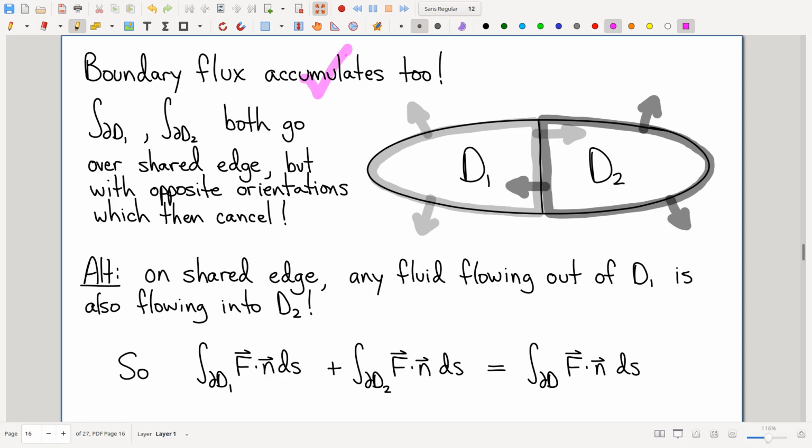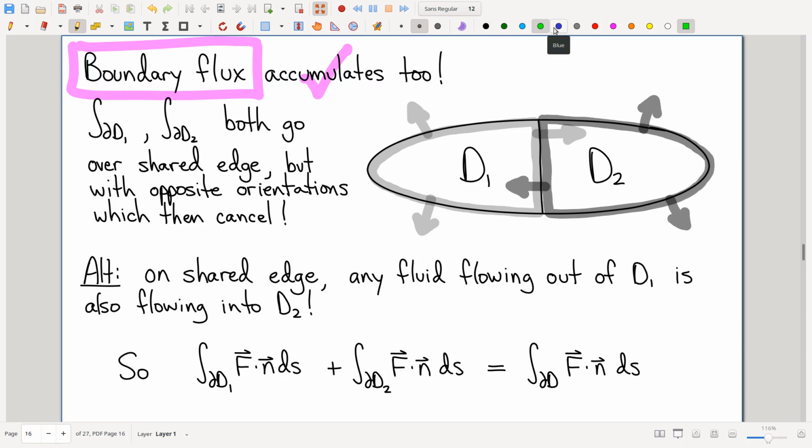Now, with Green's theorem, we were talking about circulation, boundary circulation. As it turns out, boundary flux also accumulates over areas. So remember what it means to accumulate over areas is the whole is the sum of the parts.